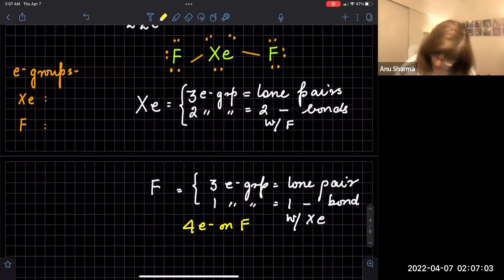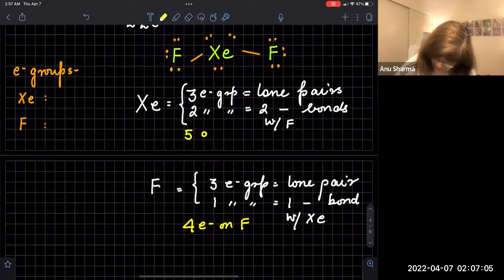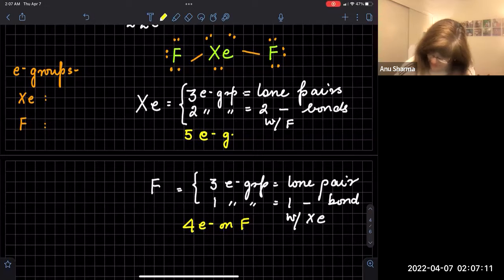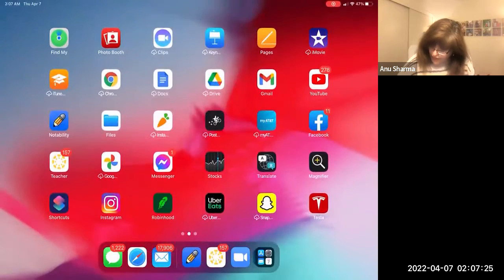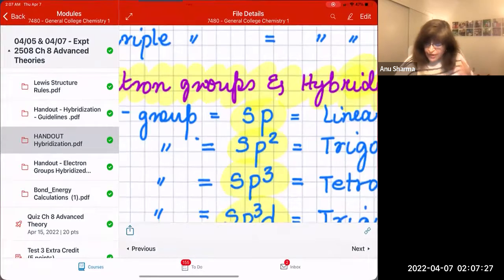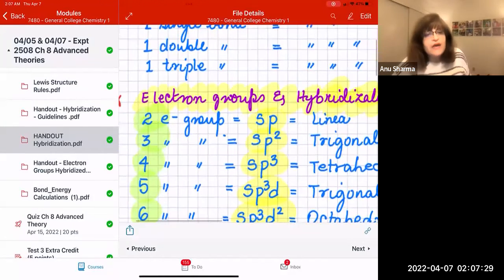All right, so 5 electron groups on xenon. Remember that these electron groups constitute a certain type of hybridization.